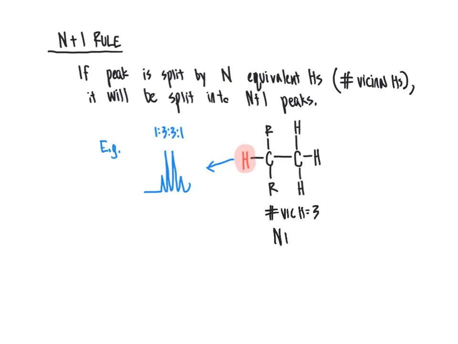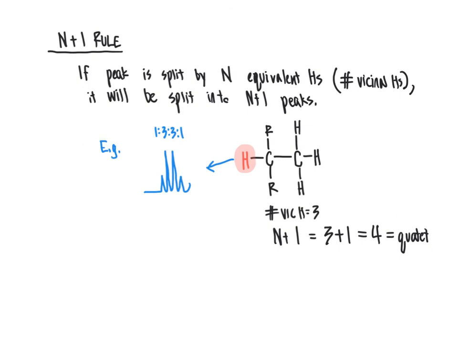And so n plus 1 is going to then be equal to 3 plus 1, which equals 4, meaning that the signal is a quartet with that 1:3:3:1 ratio representing the distinct combinations of up and down spin states that we could represent for these 3 protons that the one in red is coupled to.